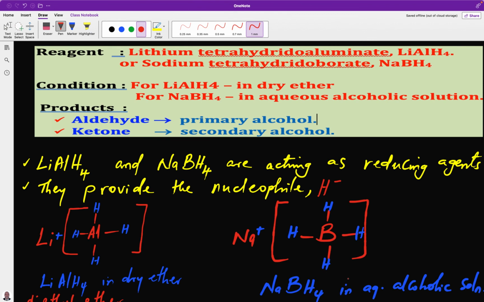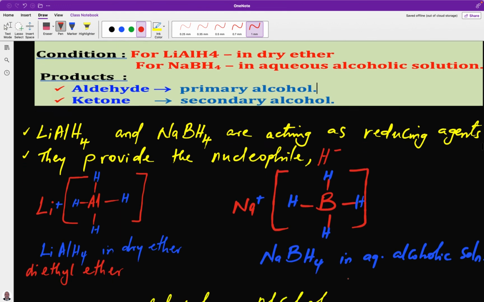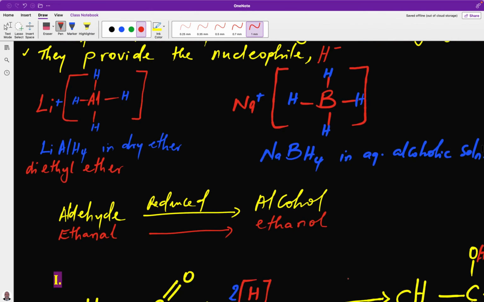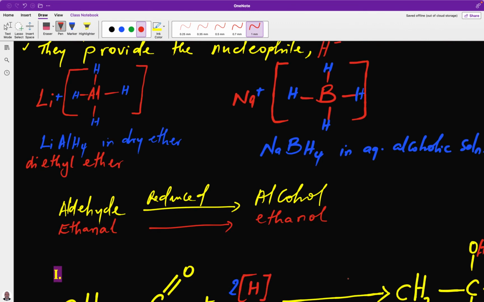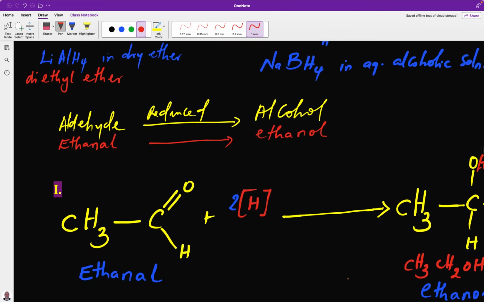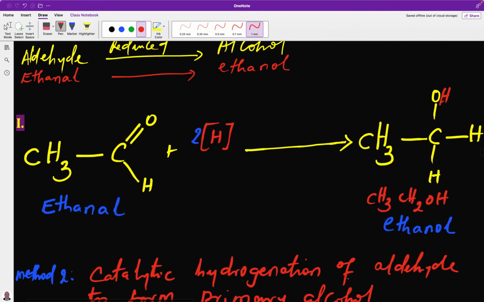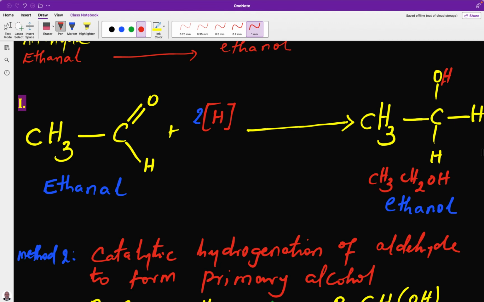I said LiAlH4 is a stronger reducing agent, and it reacts more vigorously than NaBH4. So in preparing this, aldehyde will be reduced to alcohol using this reagent. Our first example was to use the ethanal we got in the first occasion.